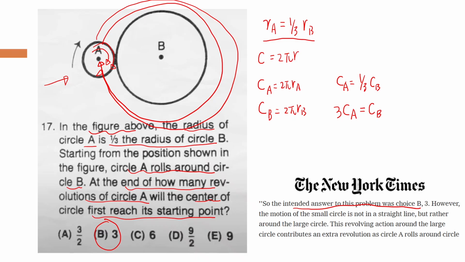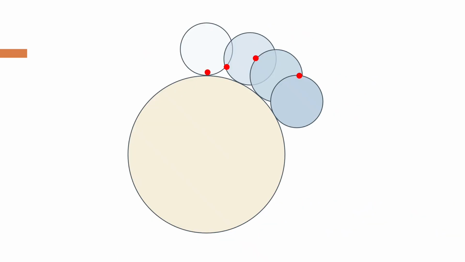But in reality, all 5 choices are wrong because the test writer got confused about this physics situation. Let's evaluate from the point of view of physics. Alright, so this is circle A and this is circle B, and we know A rolls around circle B. These are several snapshots I have drawn.